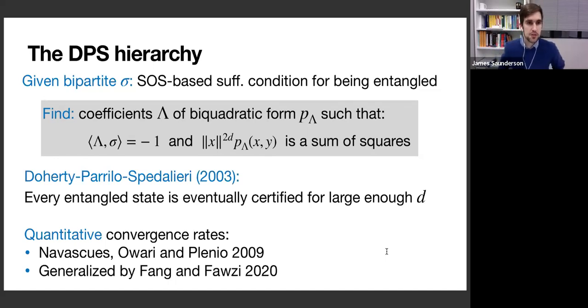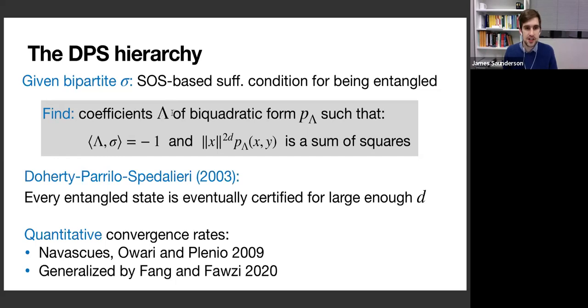Okay, so what's this DPS, for Doherty, Perillo, and Spedalieri, hierarchy? Again, I'm given a bipartite state, and now I want to use sum of squares ideas to try to certify that it's entangled. So what do I want to do?